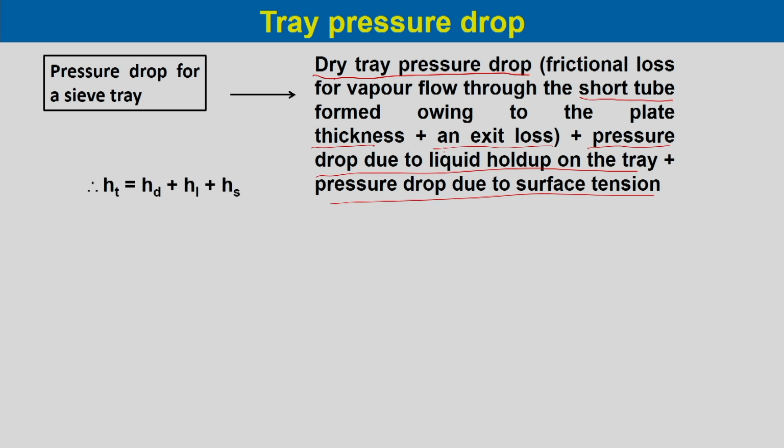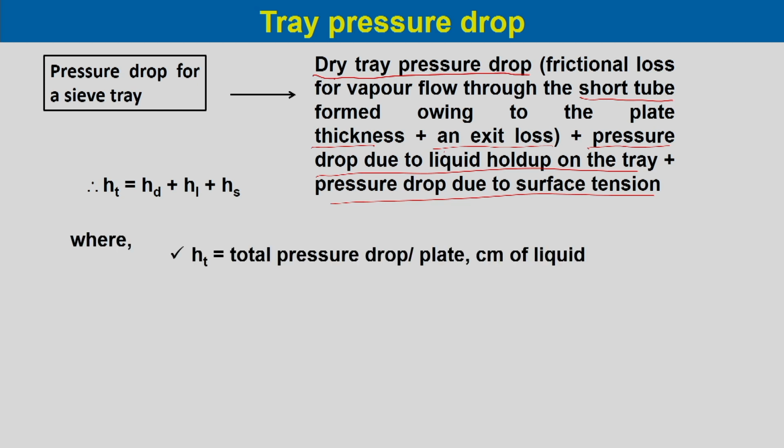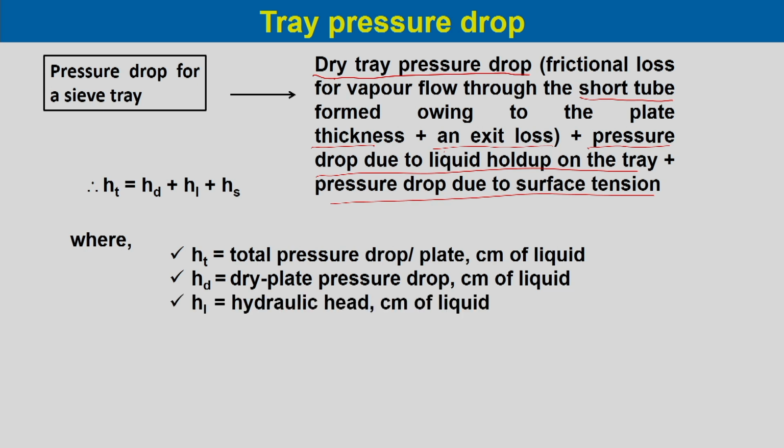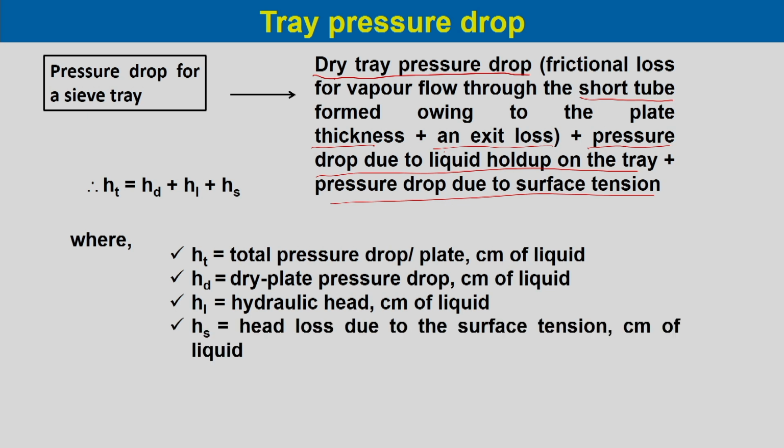We can write the equation HT is equal to HD plus HL plus HS, where HT is the total pressure drop per plate in centimeter of liquid, HD is the dry plate pressure drop in centimeter of liquid, HL is the hydraulic head in centimeter of liquid, and HS is the head loss due to the surface tension in centimeter of liquid.